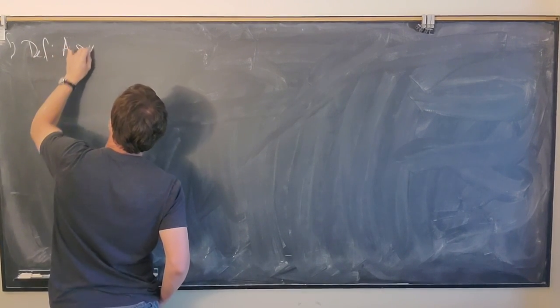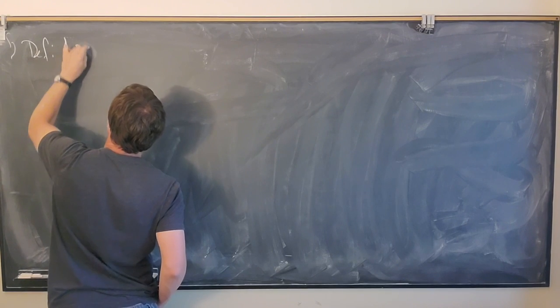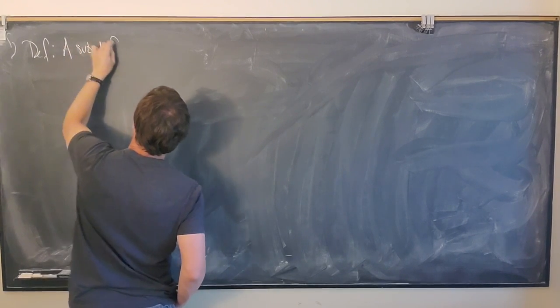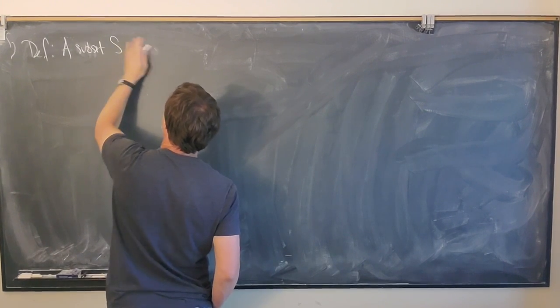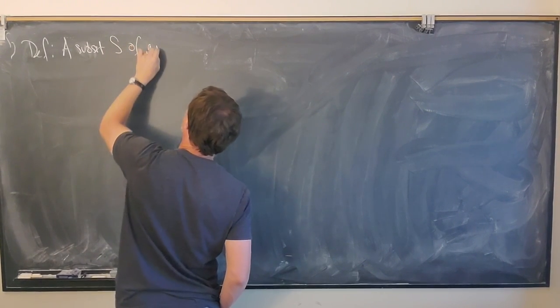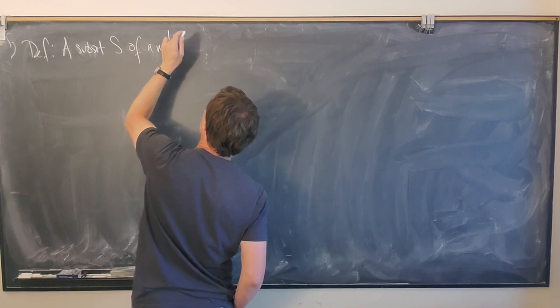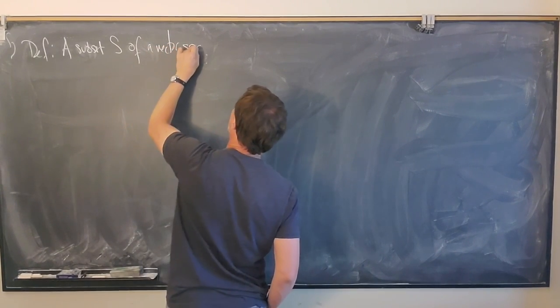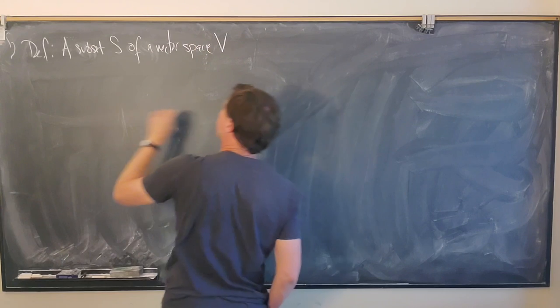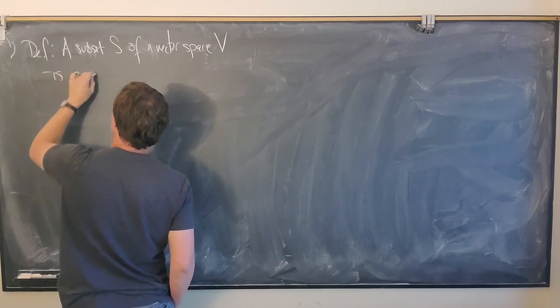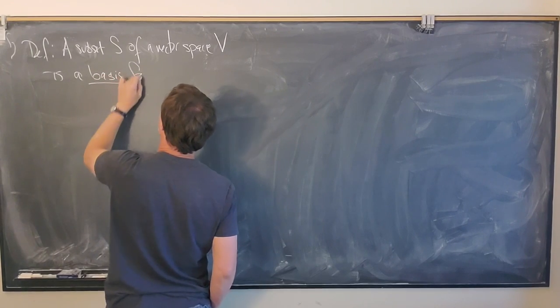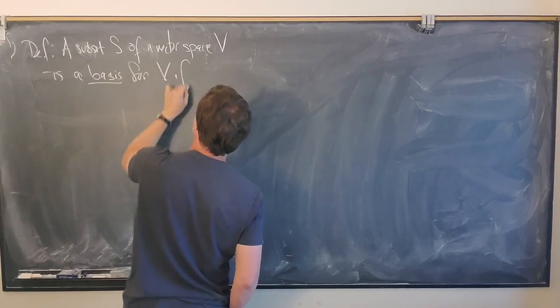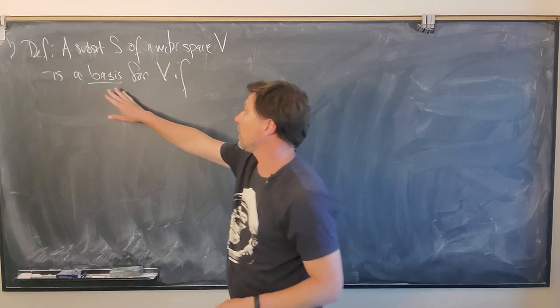A subset capital S of a vector space V is a basis for V if two things happen. So we're defining this concept of basis.